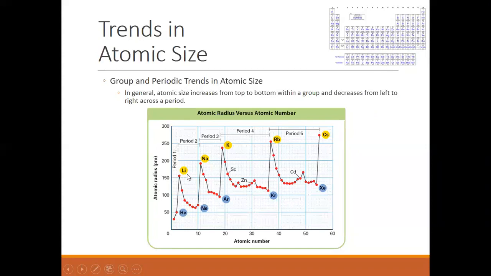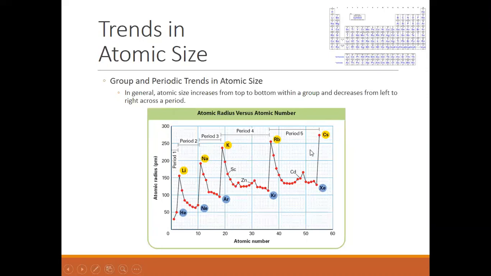As you can see, as you move down the column, the radius increases. There's a general trend going upward or a positive slope. Same as you move down the column for group 18, there's a general upward tick. As you go across the period, so as you travel from lithium to neon, there's a general downward trend or a negative slope.